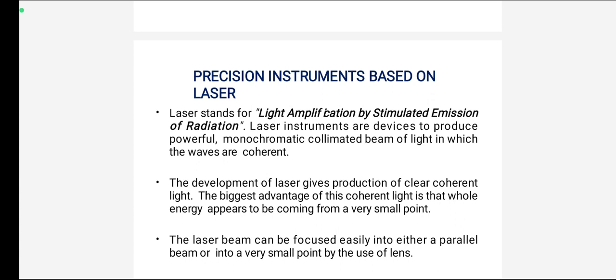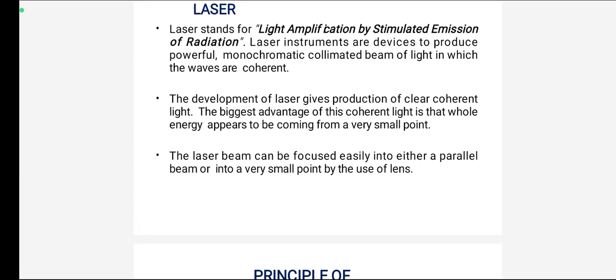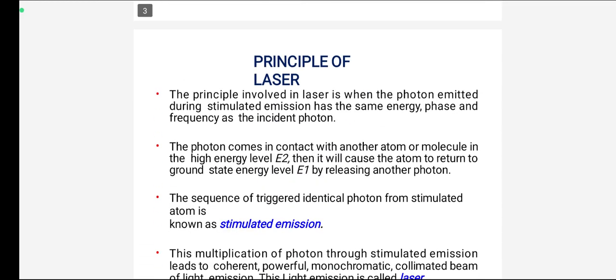The development of laser gives productions of clear coherent light. The biggest advantage of this coherent light is that the whole energy appears to be coming from a very small point. The laser beam can be focused easily to either a parallel beam or into a very small point by the use of lens.